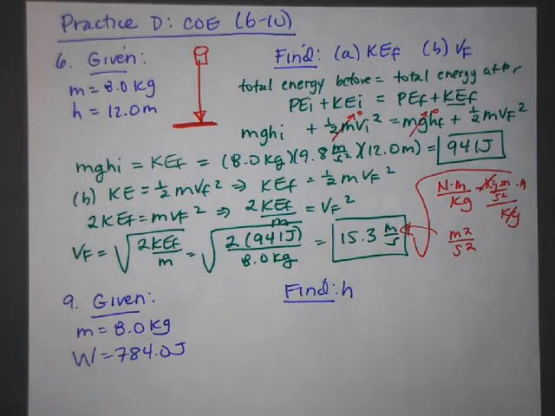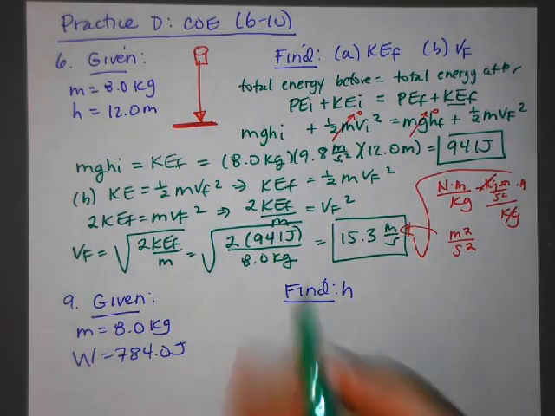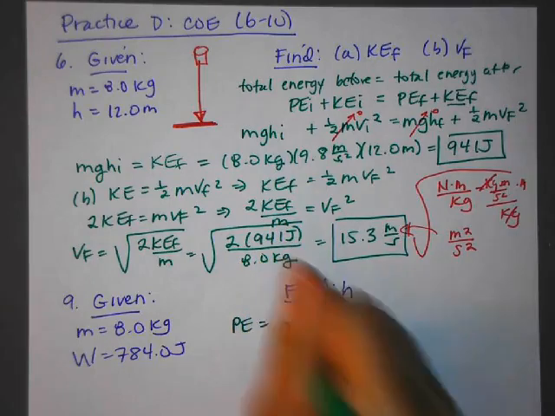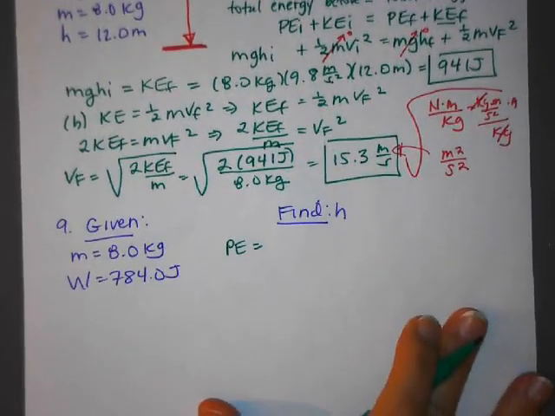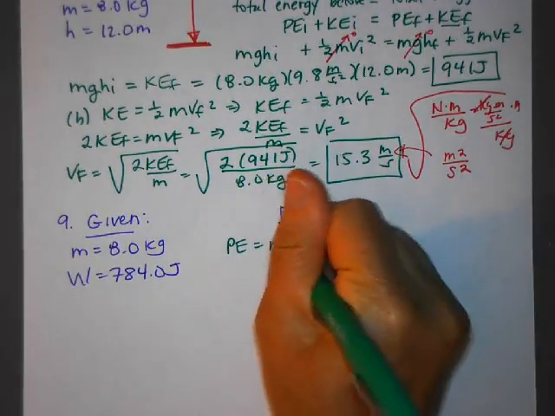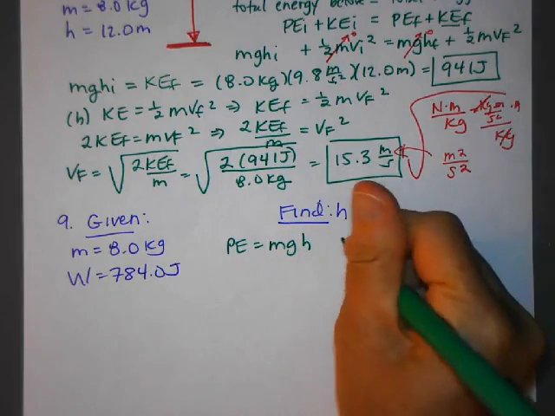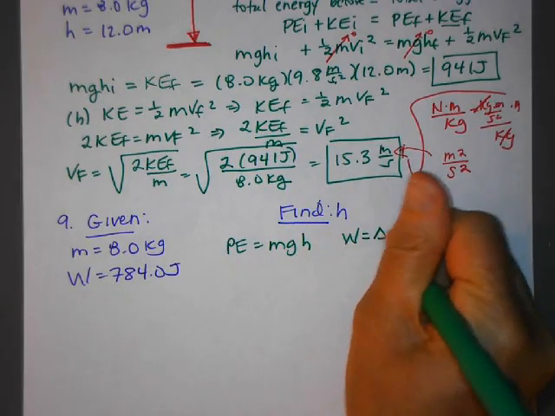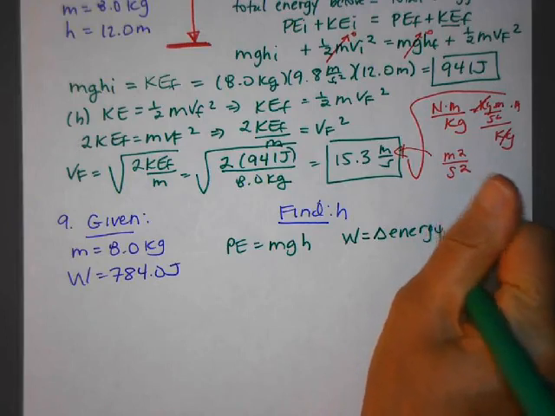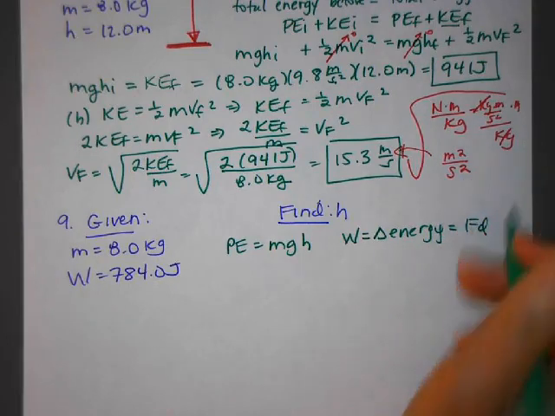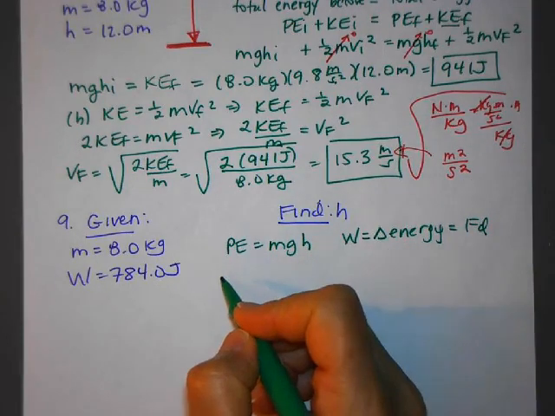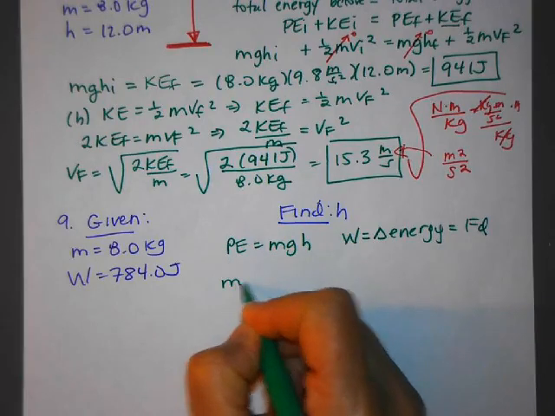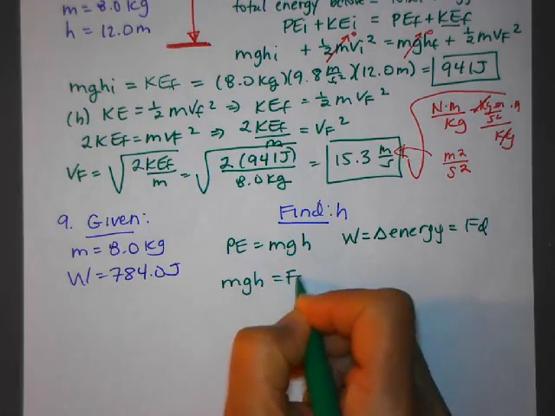So again, we know that potential energy is equal to mgh. And we know the work is equal to the change in energy, which is equal to FD. So basically, I'm going to have mgh is equal to FD.